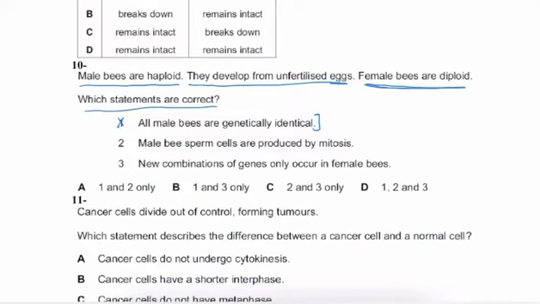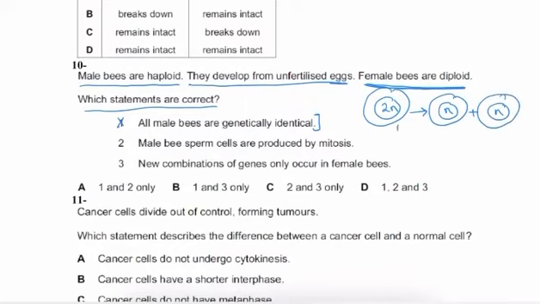Because when the cells of the female bees, for example, this is the cell of the female bee, which is a diploid cell, and when it divides by meiosis or reduction division, it produces haploid cells. And you should know that meiosis not only produces the haploid cells, but meiosis results in the production of genetically non-identical cells.